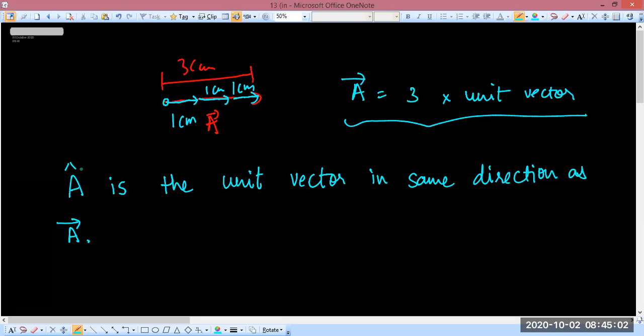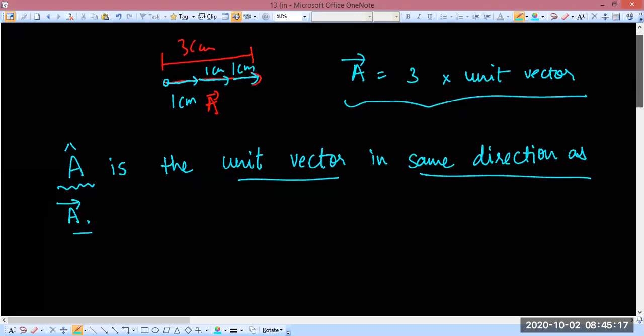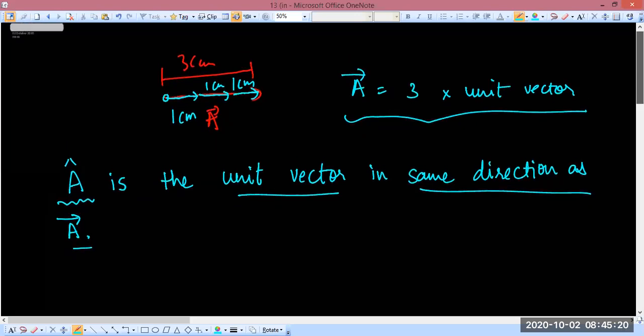Okay, this is what we mean by this symbol. Whenever someone writes a hat, it means the unit vector in same direction as a vector. Similarly, if someone would write b hat, then that would mean unit vector in same direction as b vector, right?